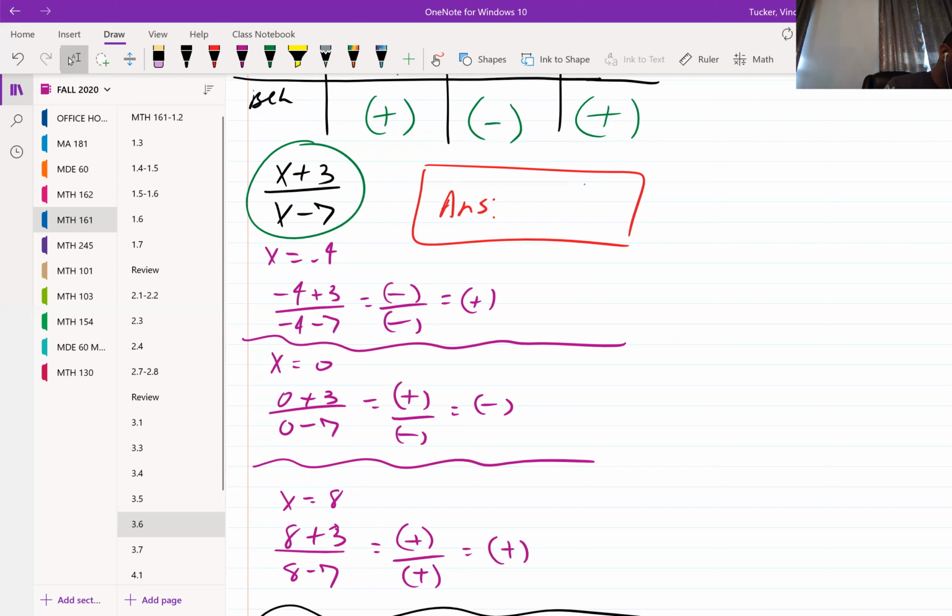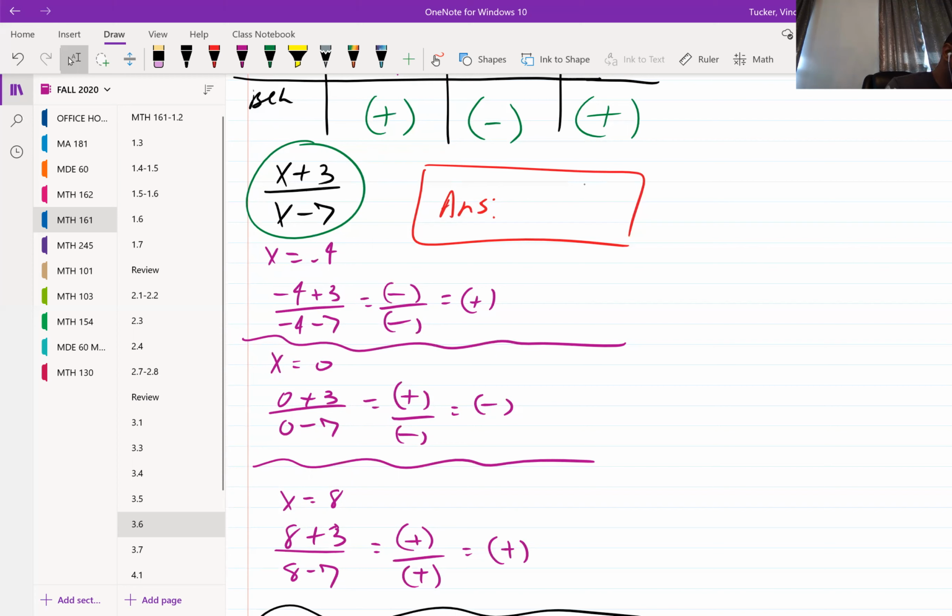Any questions? All right, so we want to know when this expression is less than 0.